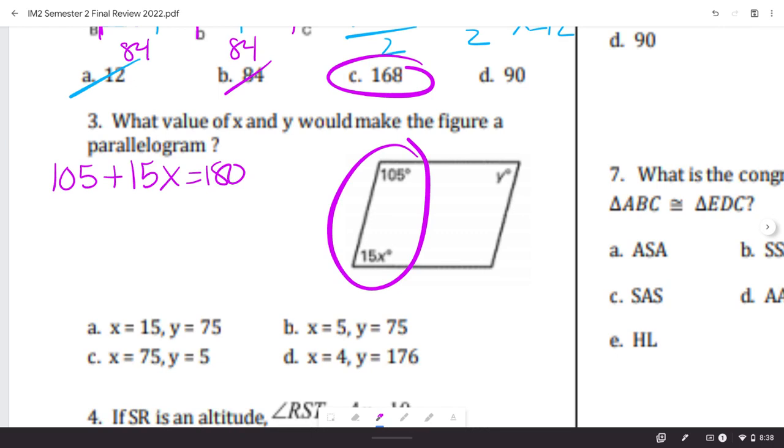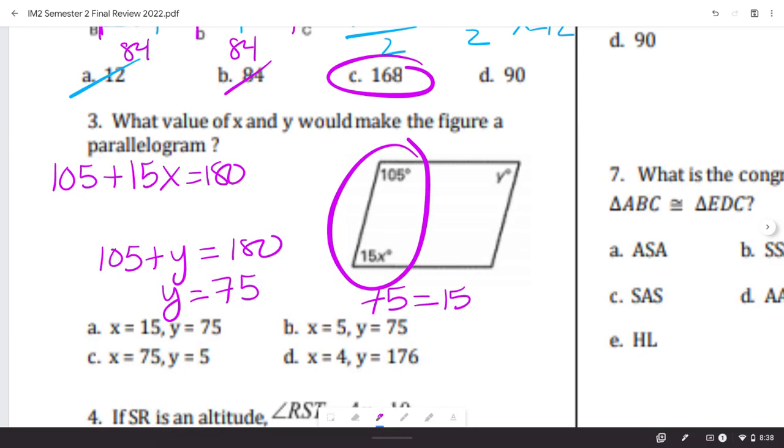And then we've also got 105 plus y equals 180. Okay, so I'm going to solve for y first just because that one's simpler. So y is 75. You could also just do 75 equals 15x and then find x that way, because opposite angles are congruent.